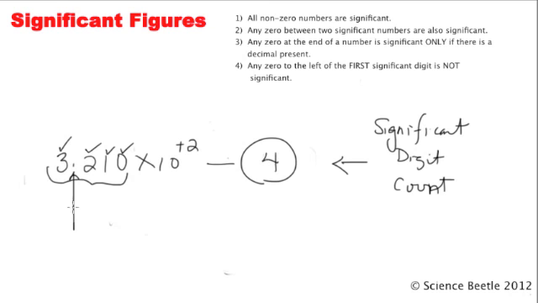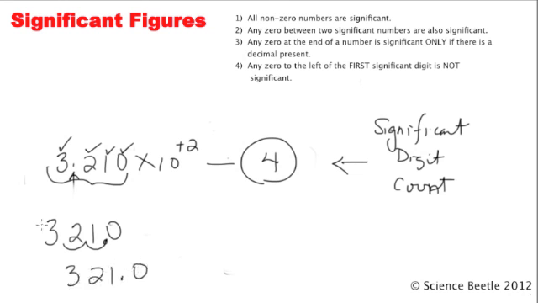Okay. But remember, there is another way to write this particular problem, and let's go ahead and write that down. We could also have written this problem as 3, 2, 1, 0, moving the decimal point over 1, 2, essentially converting this number to 321.0.